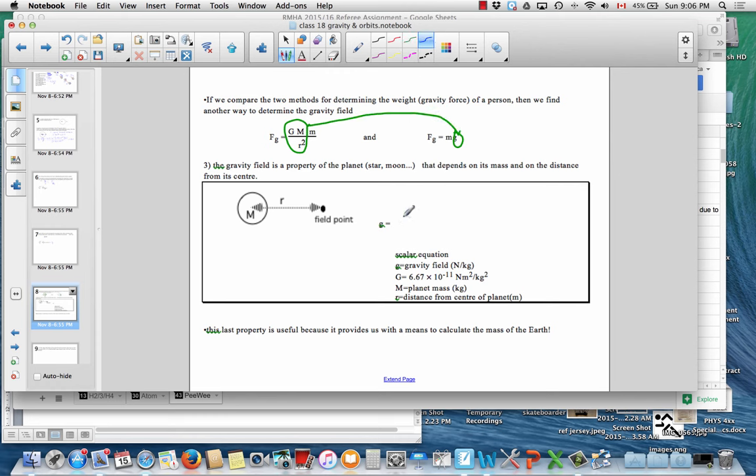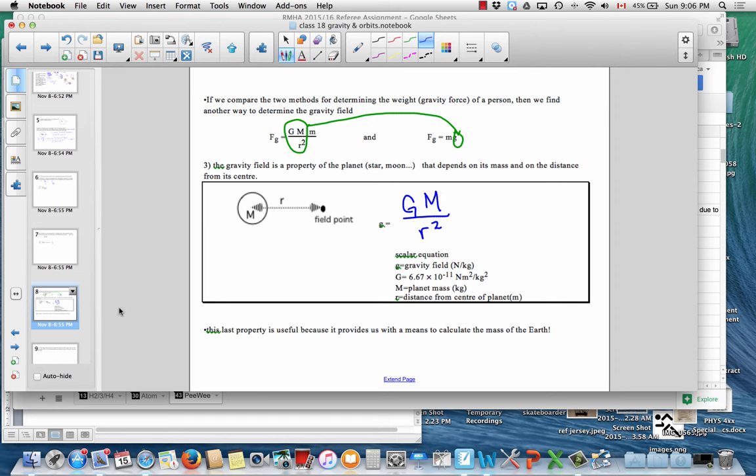So that tells us that we can find the gravitational field strength by multiplying the universal gravity constant and the mass of the planet, and then divide by how far we are away from the center of the planet squared. So that's how you can find the gravitational field. All you have to do is find the mass of the planet and how far you are away from it.